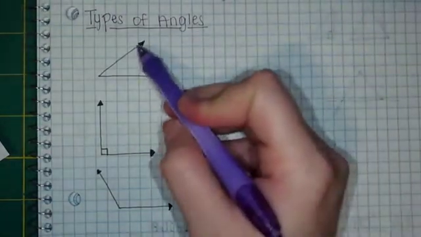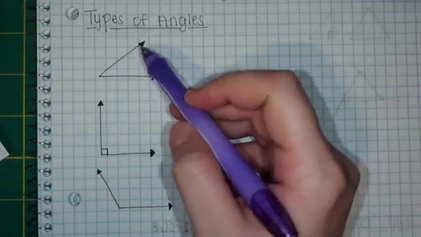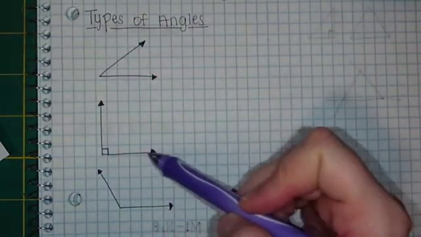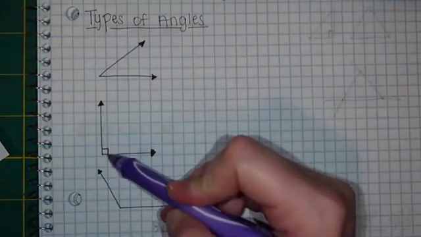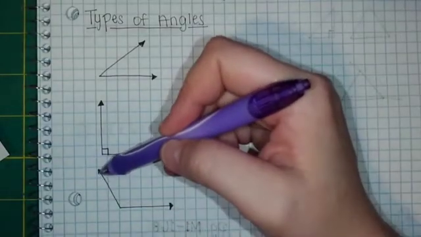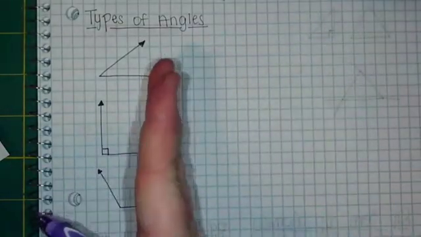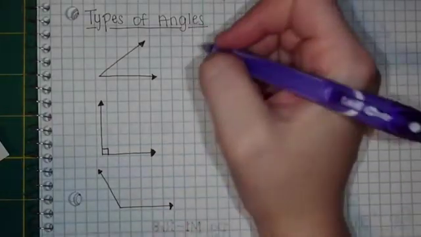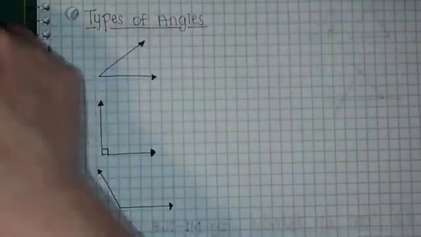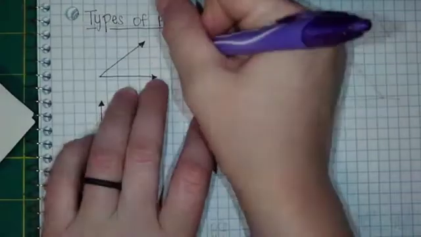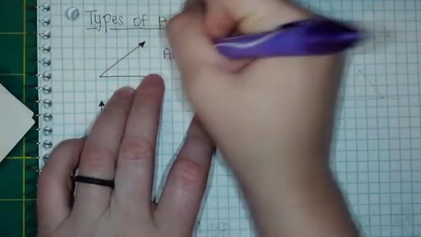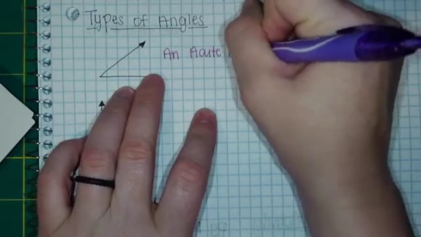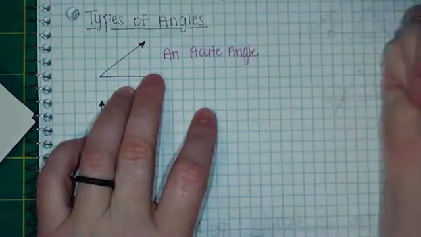So we have this one that makes like a sideways V, this one that makes an L with this little square right here, and we have this one that is like an L, but it's moved this direction. Okay, so this one is actually called an acute angle.